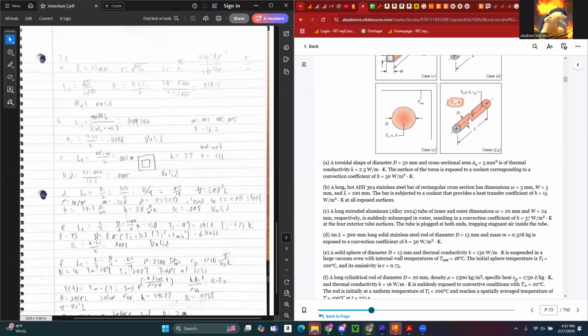is, and that equation is simply h_r is equal to the emissivity times the Stefan-Boltzmann constant times the initial temperature plus the surrounding temperature times the initial temperature squared plus the T surrounding squared.